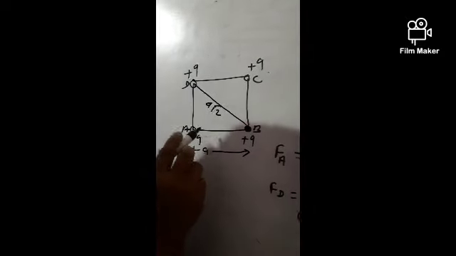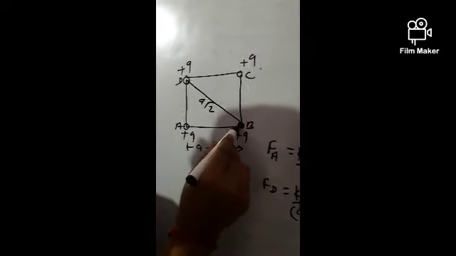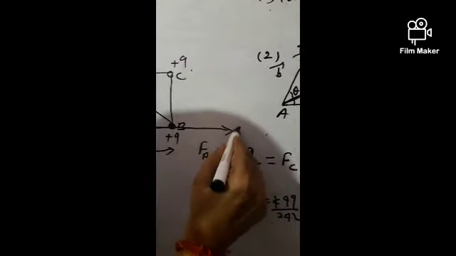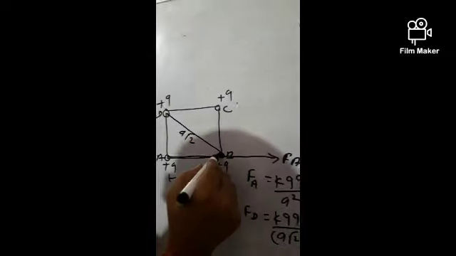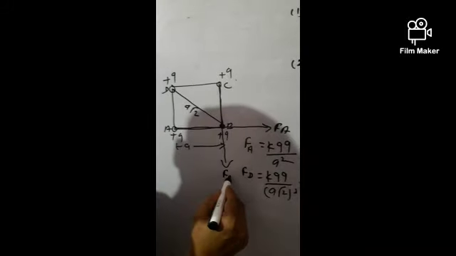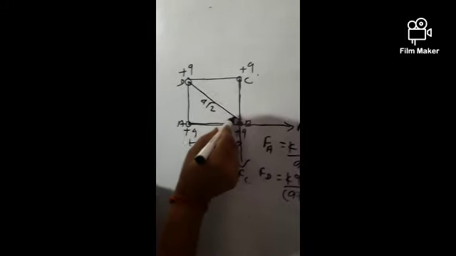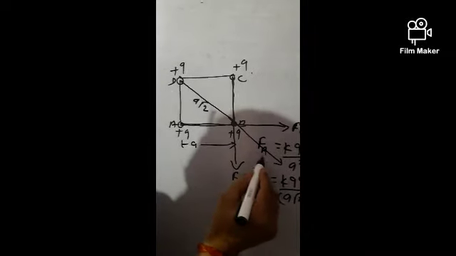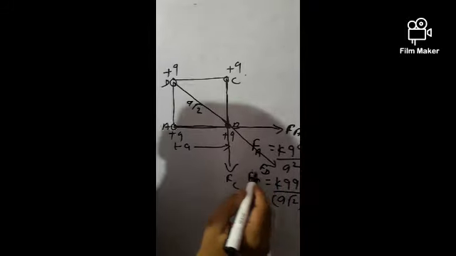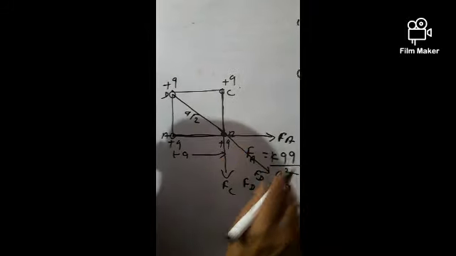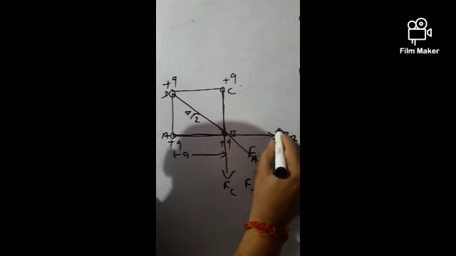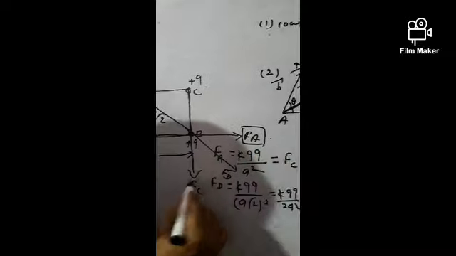Since like charges always repel to each other, therefore force on B due to A is towards AB, and force on B due to C towards CB, and force on B due to D towards DB. For resultant force, first we will find resultant of FA and FC.